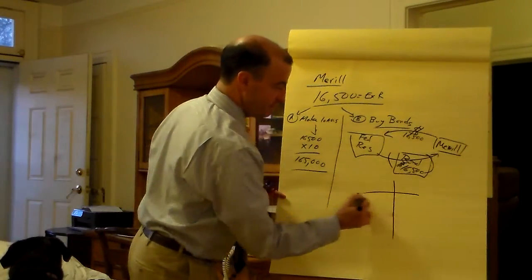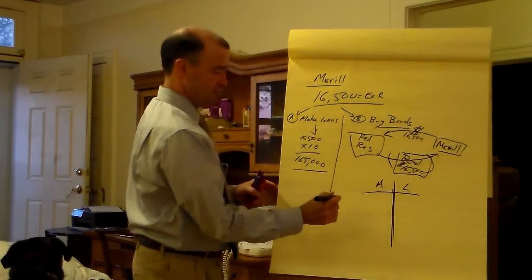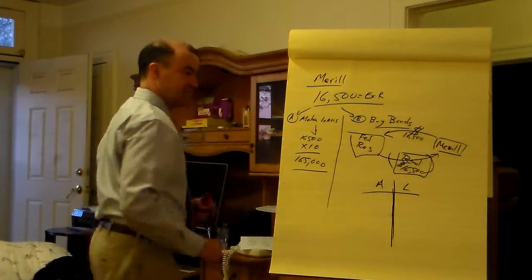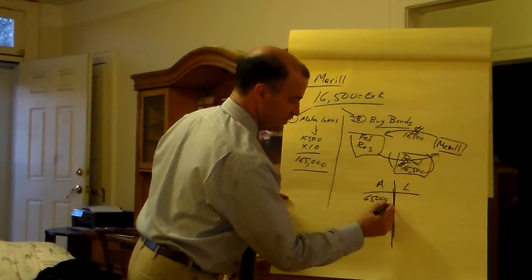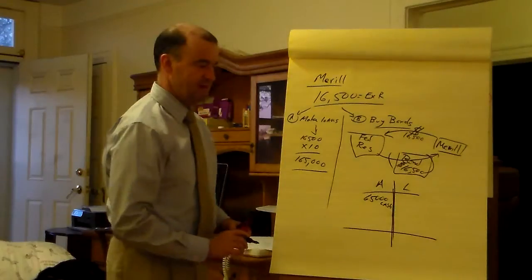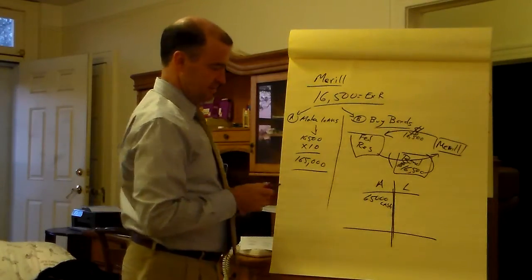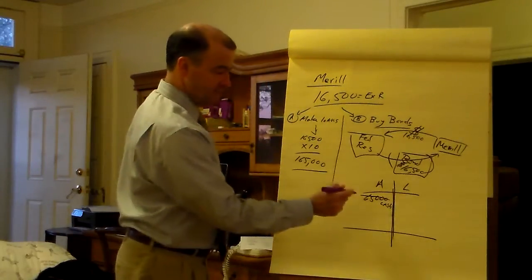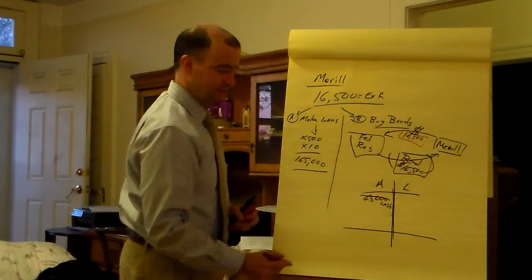How would the T account for Merrill look? I'm not going to do all those numbers, but she originally had $65,000 in cash, right? And no bonds. If she goes through this, she sacrifices cash, and that has to diminish by $16,500.